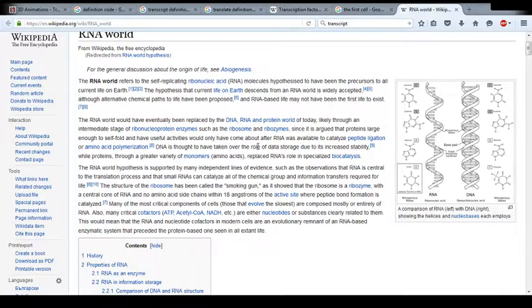So basically what they're saying is that over millions and millions of years, you had these mRNAs coming into existence and then somehow being reverse engineered into the book, or the DNA.